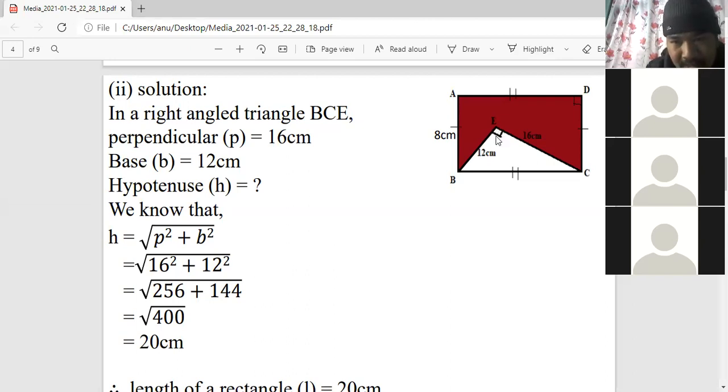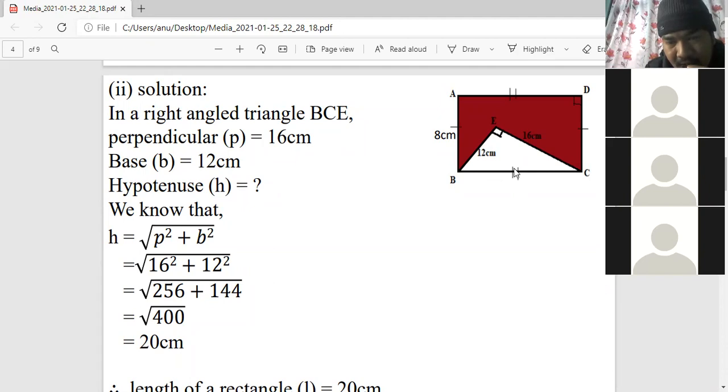In this right angle triangle, one side is missing. That is the hypotenuse. BC is the hypotenuse because it is opposite to 90 degree.